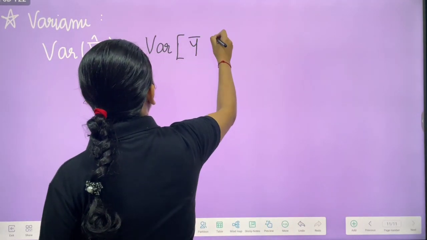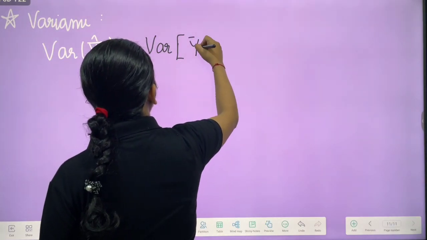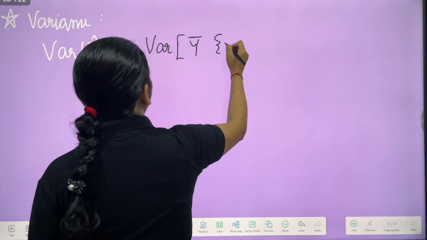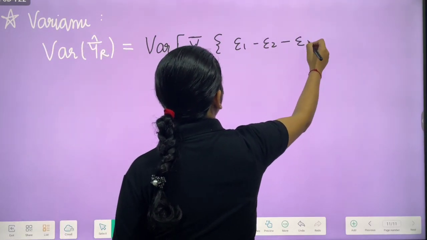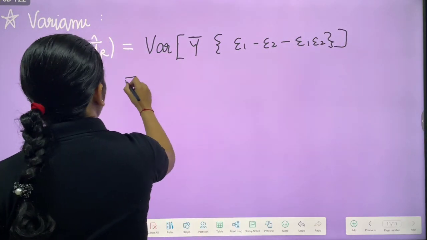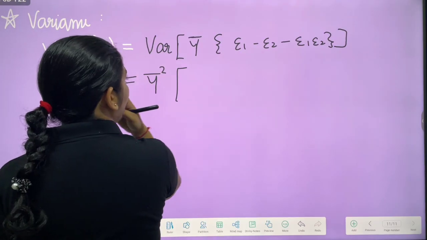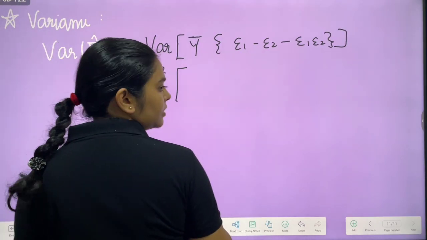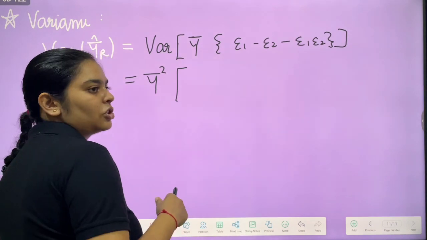Variance of y bar into epsilon 1 minus epsilon 2 minus epsilon 1 epsilon 2. So taking y bar out of the variance, we are left with this epsilon 1. Variance of epsilon 1 is estimation of epsilon 1 whole square minus estimation of epsilon 1 whole square.